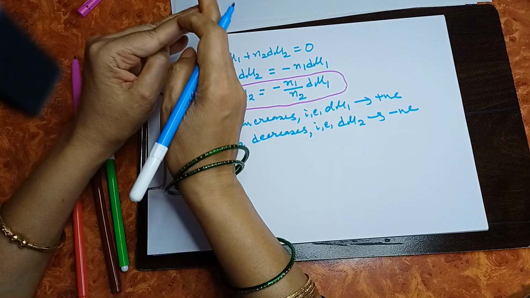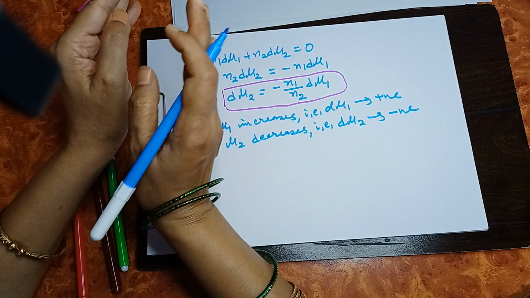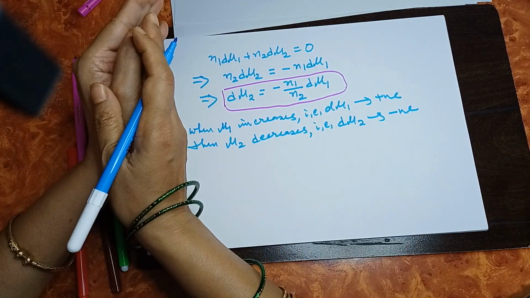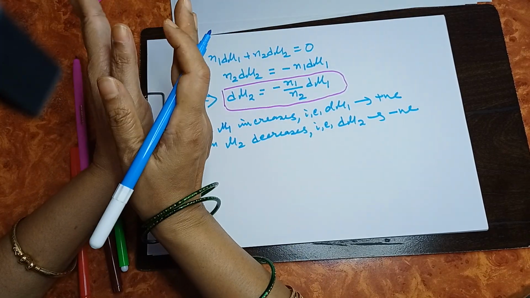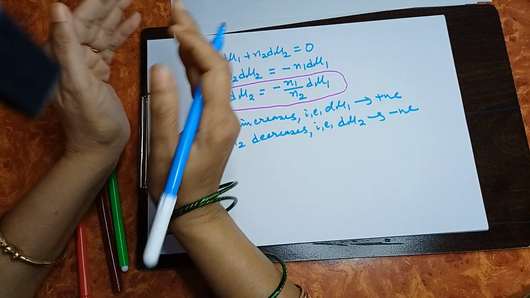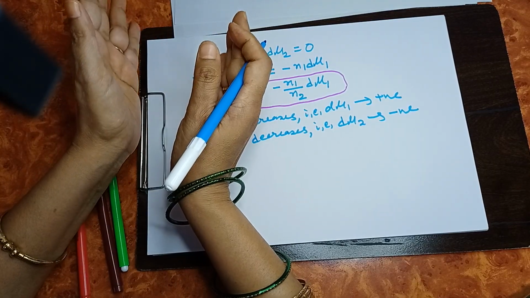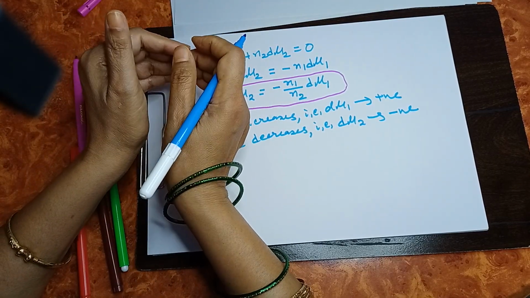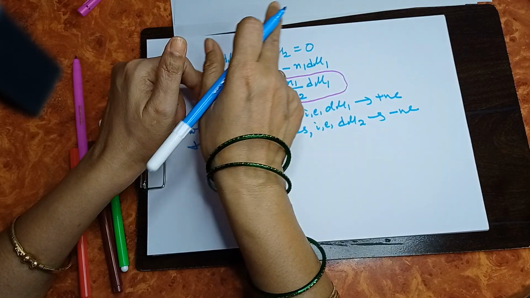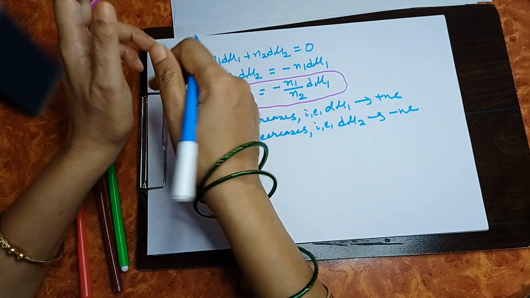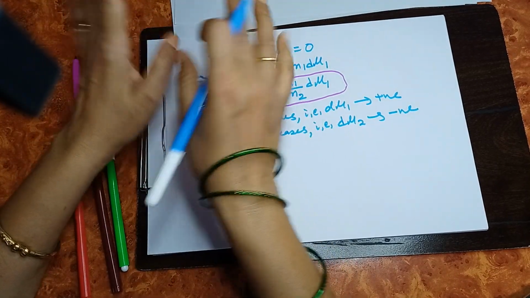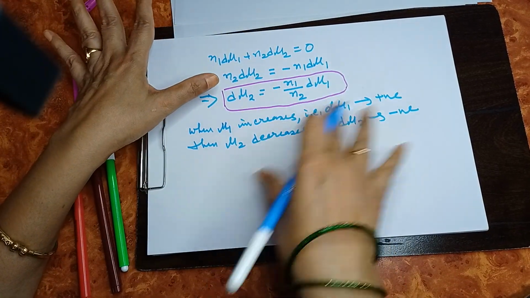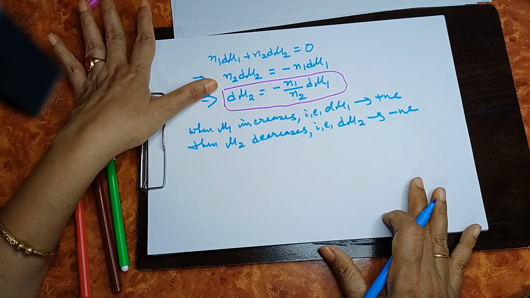So the chemical potential corresponding to any component, here there are two components, the chemical potential corresponding to component 1 does not vary independently. If it varies, then the chemical potential corresponding to the other component will also vary, in the inverse way. If one increases, another one will decrease, for a two-component system.